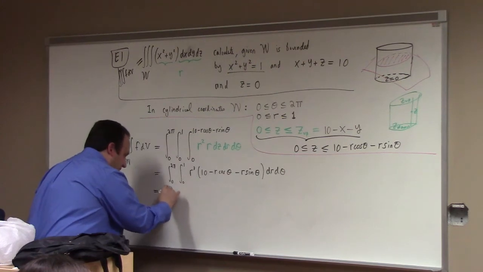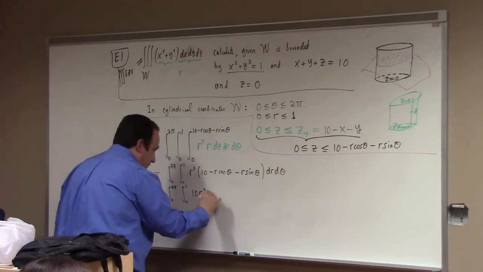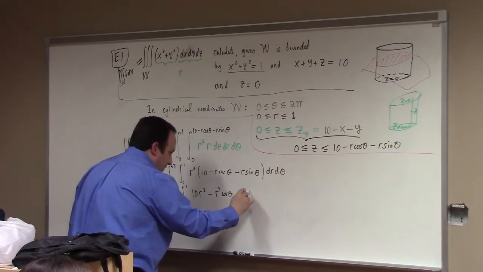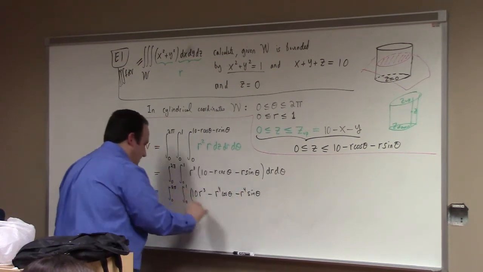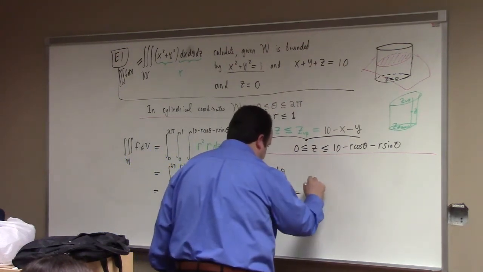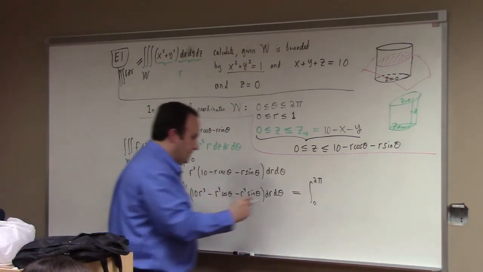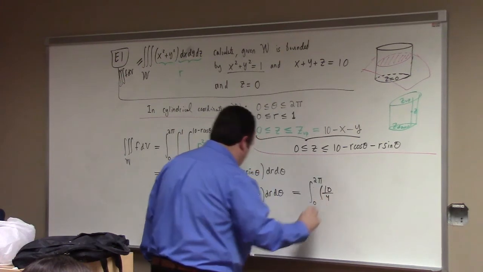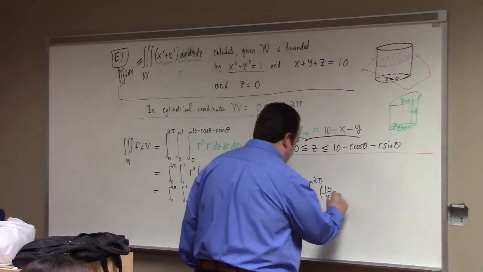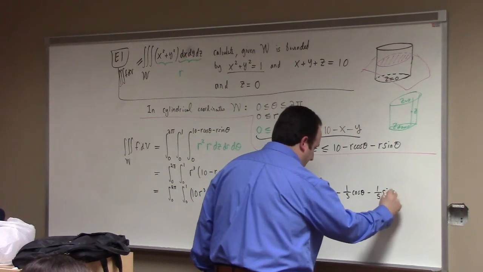This is the integral from 0 to 2 pi, integral from 0 to 1 of 10r cubed minus r to the 4th cosine theta minus r to the 4th sine theta, dr d theta. That's really the integral from 0 to 2 pi. And the 10r cubed integrates to 10 fourths. The r to the 4th gives me a 5th, so I get 1/5 minus 1/5 cosine theta minus 1/5 sine theta d theta.